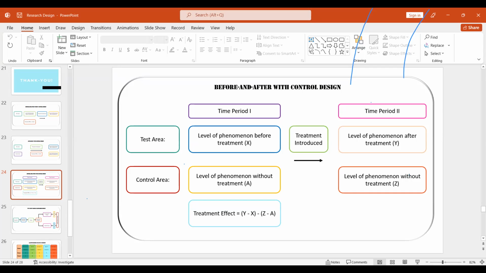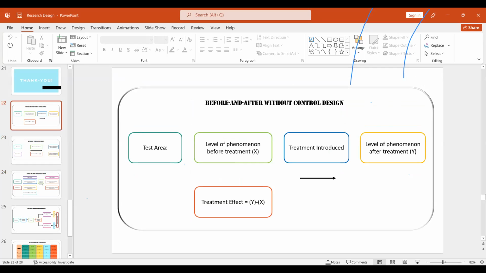So test area, basically, in the before and after without control design. In such a design, a single test group or area is selected and the dependent variable is measured before the introduction of the treatment.